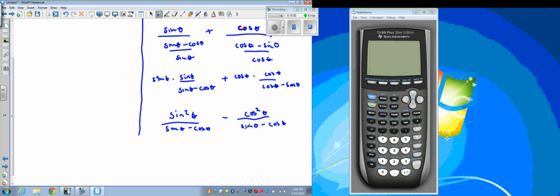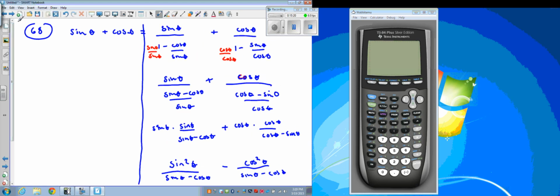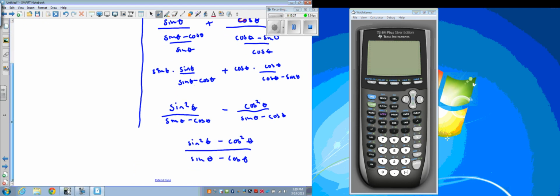Now notice we have this common denominator, so we can write our numerator as sine squared theta minus cosine squared theta, all over sine theta minus cosine theta. Now we should probably take a look here. You see where we're trying to go? Sine plus cosine. Well, here's the difference of squares. Do you see that difference of squares?